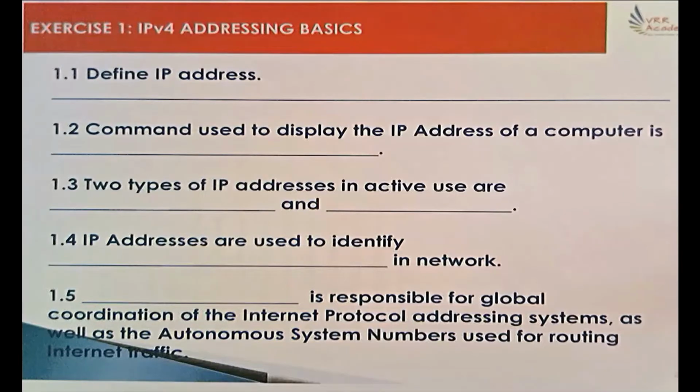Define IP address. Here we have to write the definition for the IP address. A lot of definitions you can find. What exactly does an IP address mean? An internet protocol address is a logical numeric address that can be assigned to every single computer or printer or switch or router or any networking device as a part of a TCP/IP based network.